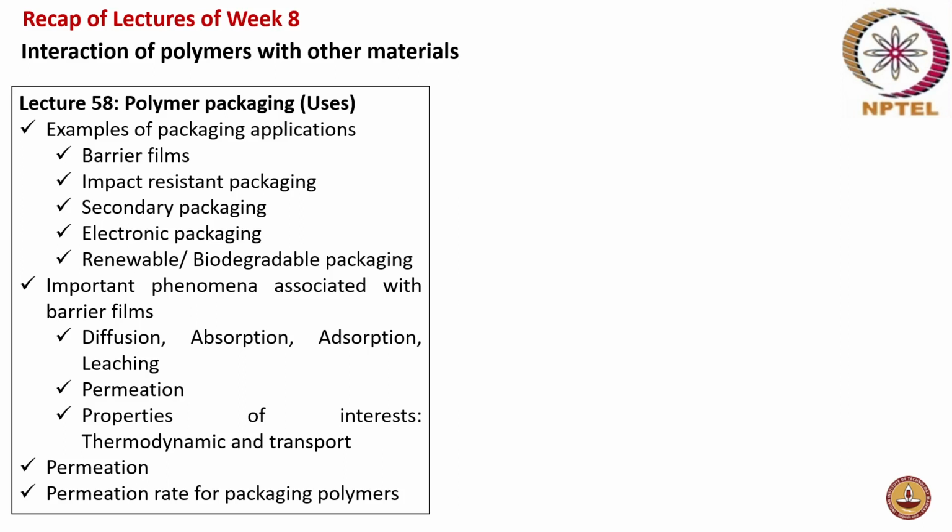And there can also be secondary packaging. This does not play a role in barrier properties or impact properties, but it can be aesthetically important, to give a good appearance. You will have some polymer coating or polymeric secondary packaging. Just imagine your Lay's packet itself. You have potato chips images printed on it, right?